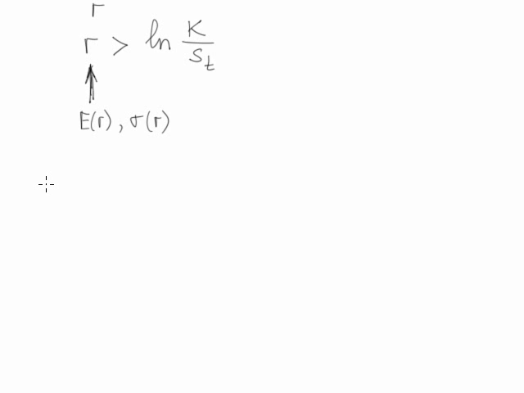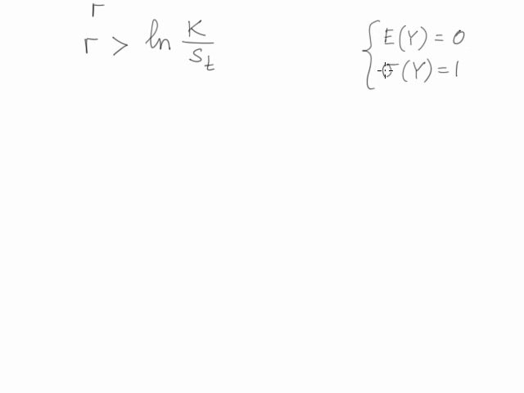So here what I would like to do is to transform this random variable R to also a normally distributed random variable, let's call the new variable y, with expected value equal to 0 and standard deviation equal to 1.